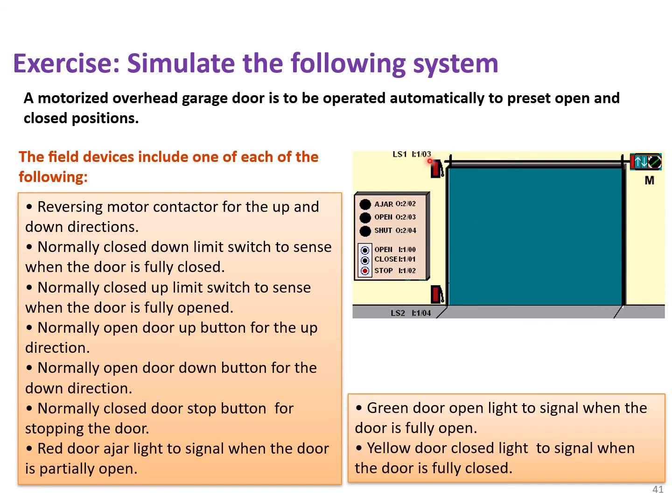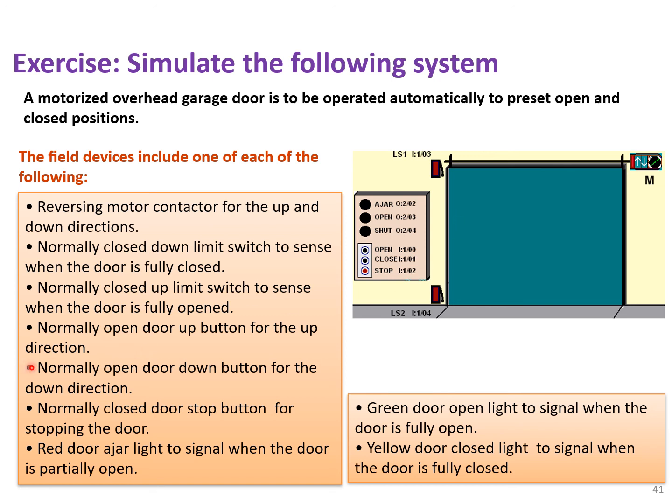This limit switch here. We have a normally open door up button for the up direction. So it's basically this open push button here. When we press this, then the door will go up.